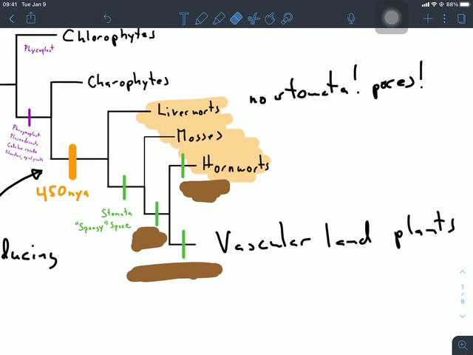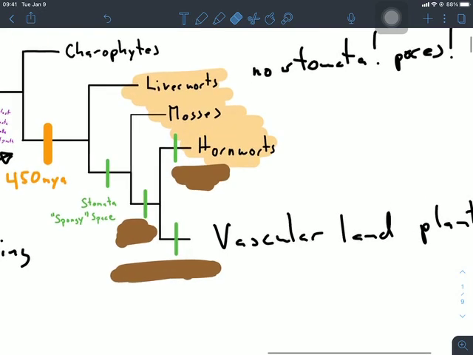Now, mosses differ from our hornworts in that the sporophyte of our hornworts lives throughout their entire lives. They don't just produce the sporangium and then be done. They will stay alive. They have a persistent sporophyte. Now, of course, we know this to be the case in our vascular plants.